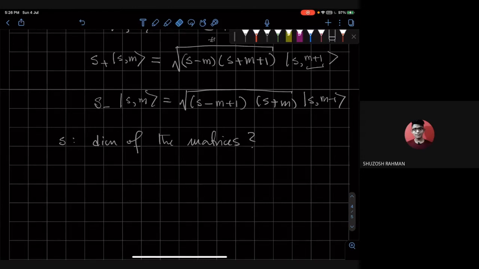The dimension of your Hilbert space. Remember the ladder? The maximal value that M can take, and from that, twice S plus 1 should be the dimension. Twice S plus 1 is the dimension.